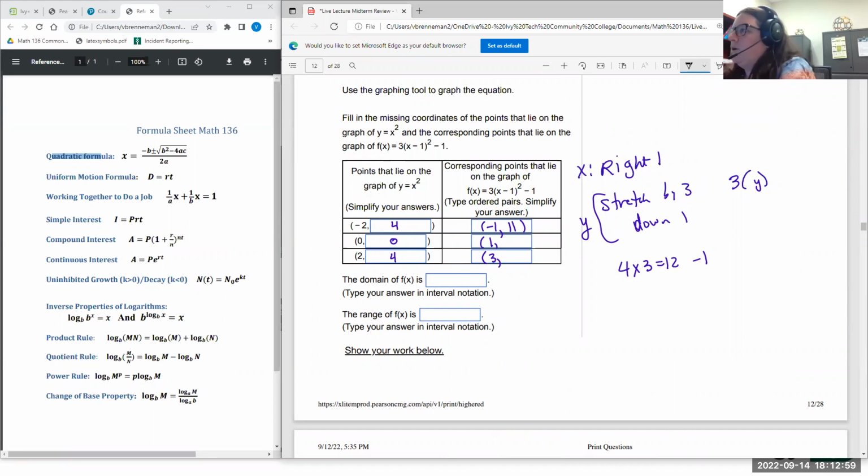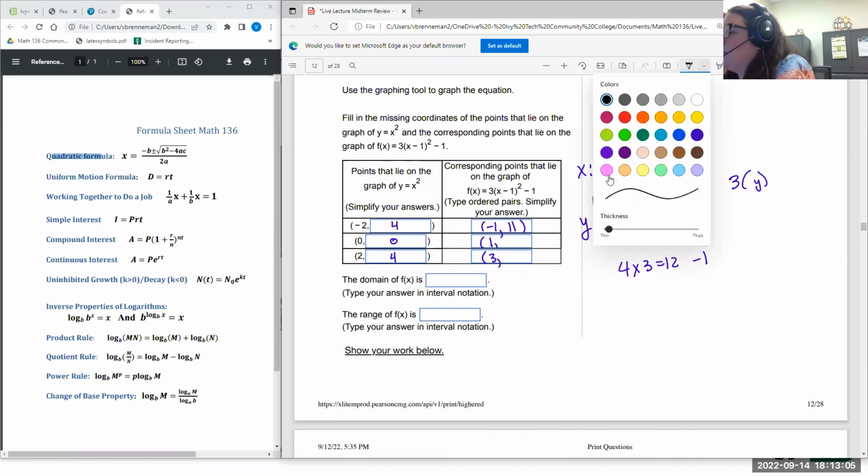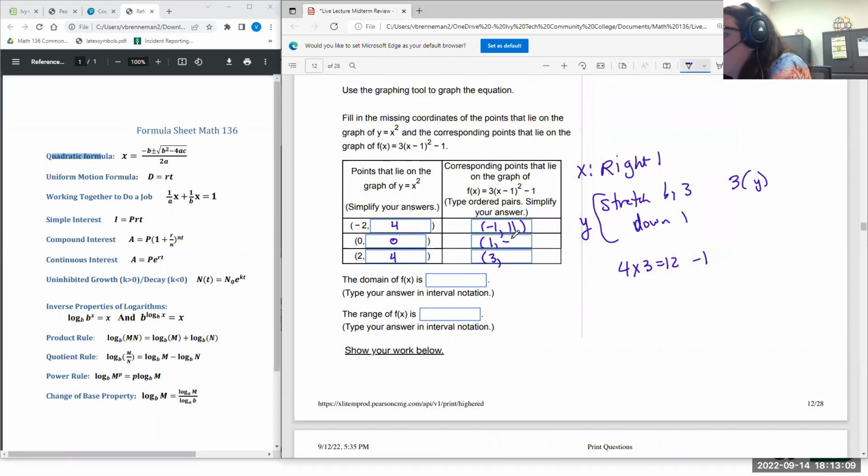So 0 times 3 is 0, minus 1 is -1. And that matches up with that vertex being at 1, -1. And then the 4, same thing here, gets multiplied by 3 to get 12, then subtract 1 and get 11.